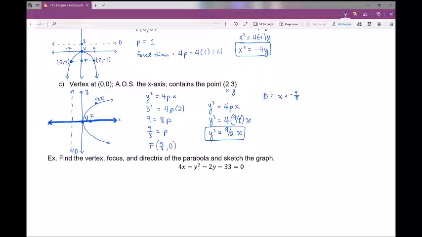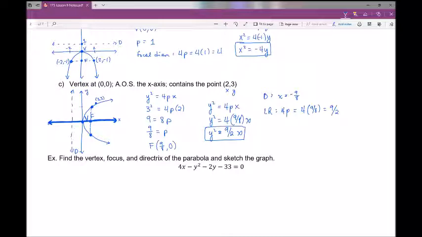Okay, so the last thing we need to find are those 2 points that define the focal diameter. So let's find the total distance of the focal diameter. The latus rectum is going to be 4 times p, which is 4 times 9/8, which is again 9/2. So we want to divide this in half to get our 2 points.